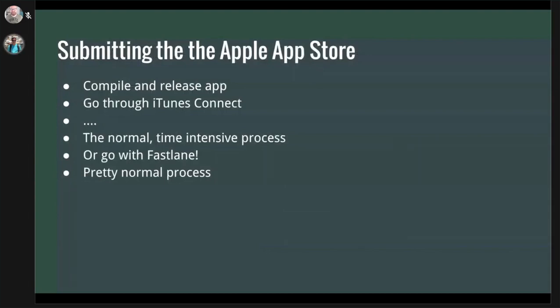And then submitting to the Apple App Store. What's that like? Is it going to be different since you're using React Native, which is JavaScript? Are there any complicated steps? And the answer is no. This is an actual, native iOS app, so you're going to go through the exact same processes that you would if you're developing a native app. This is an oversimplification, probably wrong terminology, but essentially you need to compile your app.